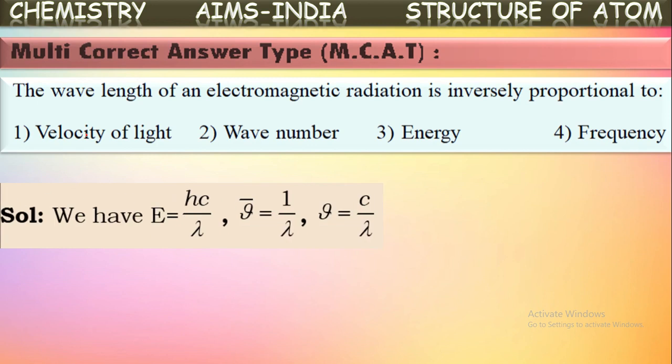Let us see the solution for the relation of wavelength to the other characteristics of electromagnetic radiation. If you observe, first the relation with energy, we have the equation E is equal to hc by lambda. So from this, what can we write for the relation between energy and wavelength?